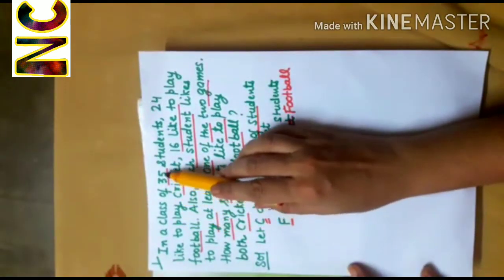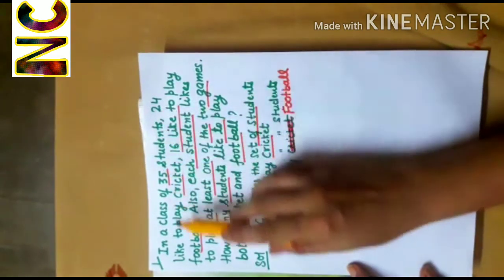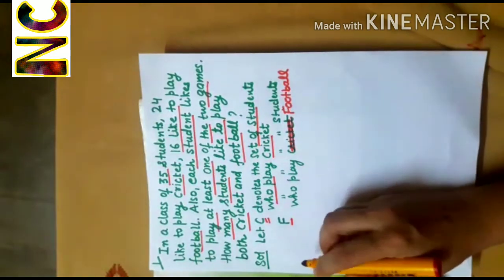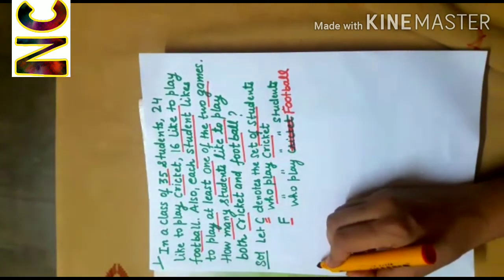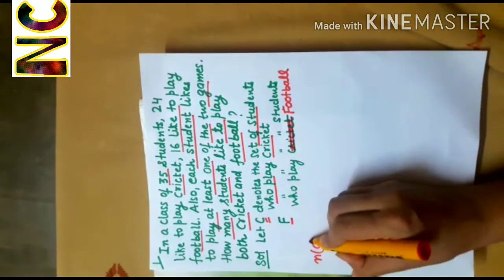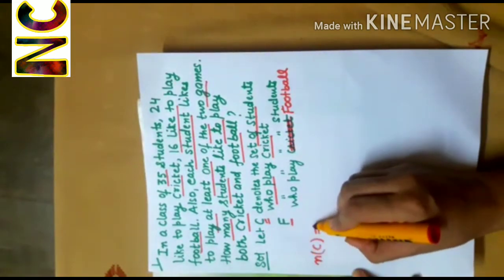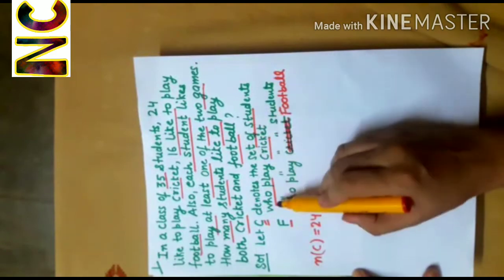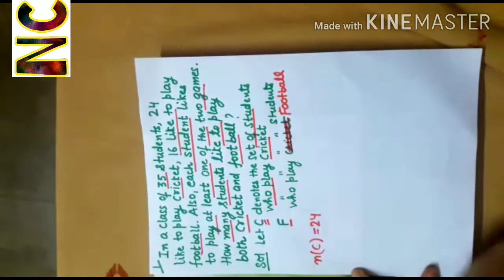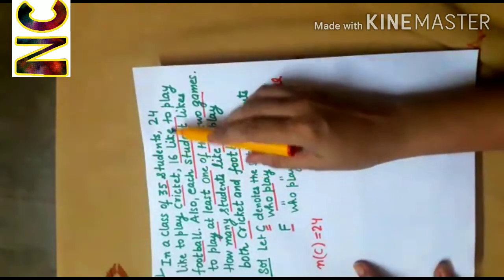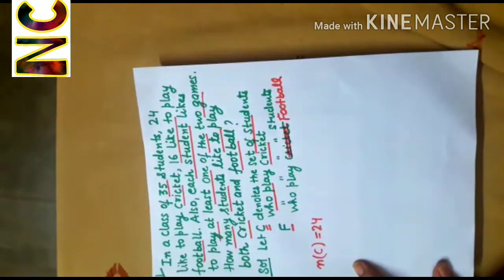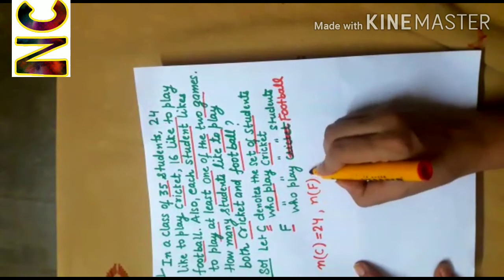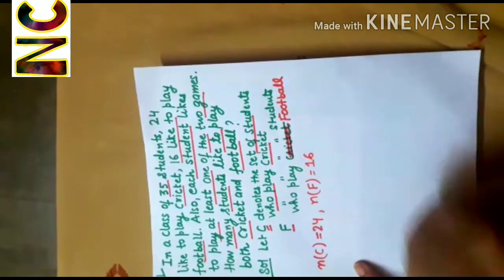In a class of 35 students, 24 like to play cricket. That means number of elements in the set C will be 24 because C denotes the set of the students who play cricket. 16 like to play football. So number of elements in the set F will be 16.